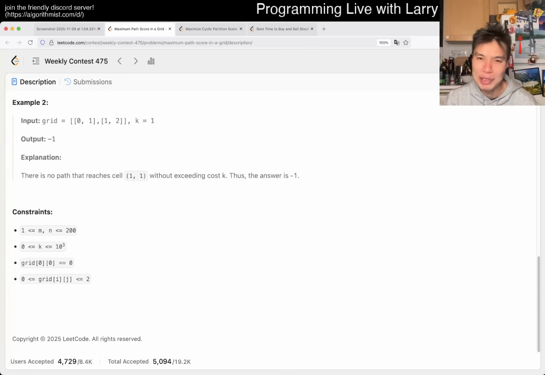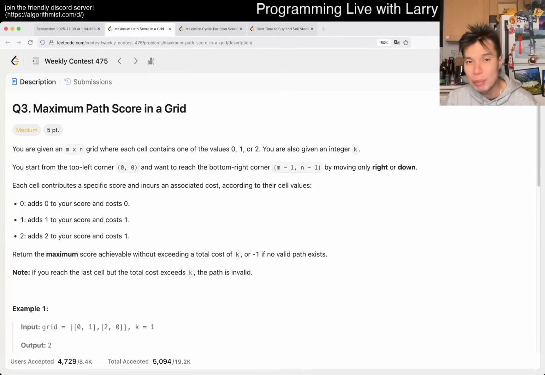But the key observation is not that tricky. The key observation is noting that K is 1,000 or 10,000, it doesn't matter. But because you can only go one move at a time, a right and a down, right?